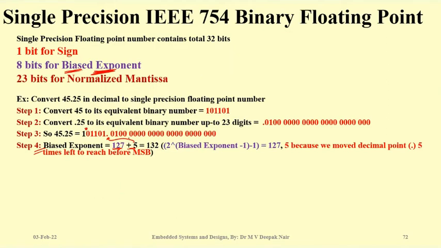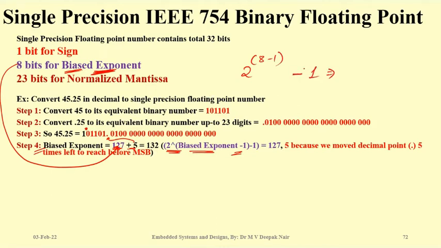Now the question is 127. How did you get the 127? Here you see you have dedicated 8 bits for the exponent. So what you do here is 2 to the power of the exponent bits minus 1, so 2 to the power 8 minus 1. This is one part. Then after that, minus 1.